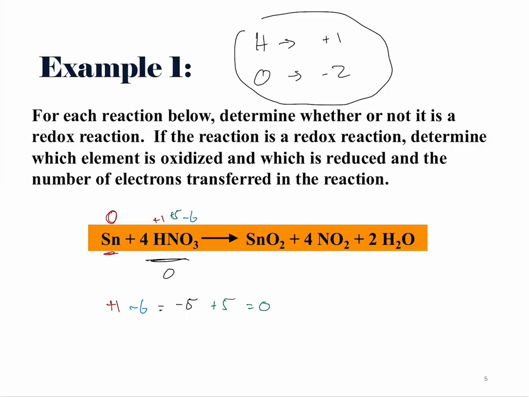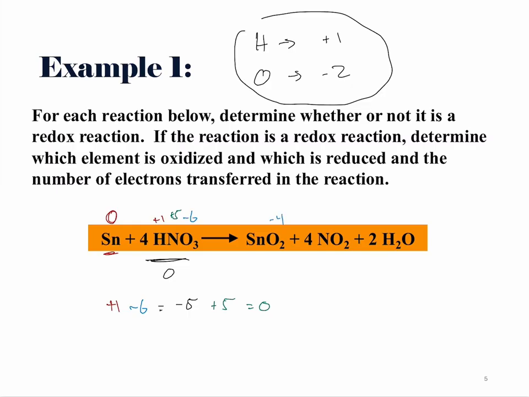And now we'll look at what happens in the product side. How has the movement of electrons affected this redox process? So for tin, what is the new charge on our tin molecule? What is the charge allocated from 2 oxygen molecules? -4.